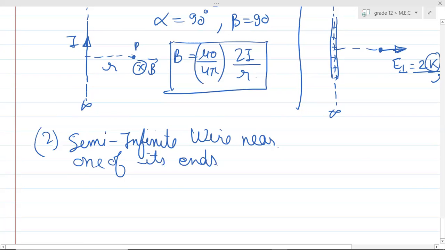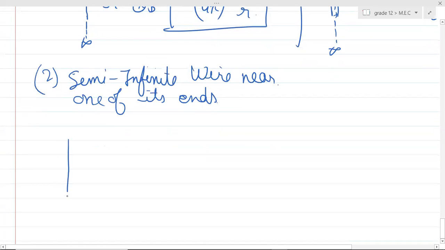So basically, if I have a wire which is like this, it is going to infinity from one side, or it has come from infinity from one side. It depends upon the question. Suppose now, near its one end I want the magnetic field due to this infinitely long current carrying wire.